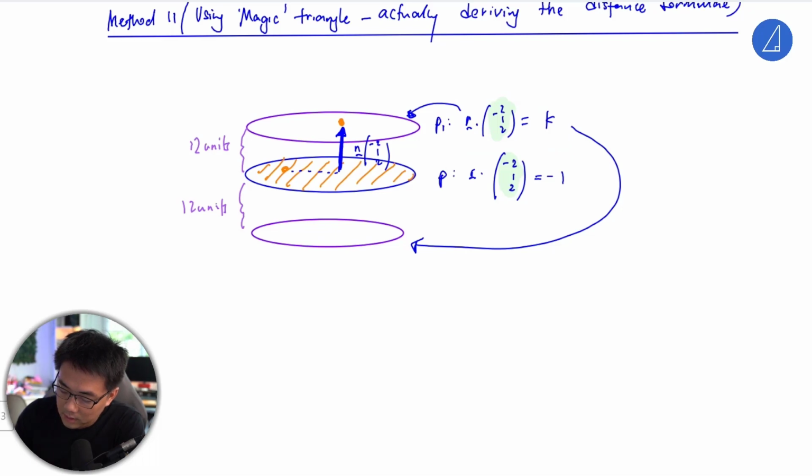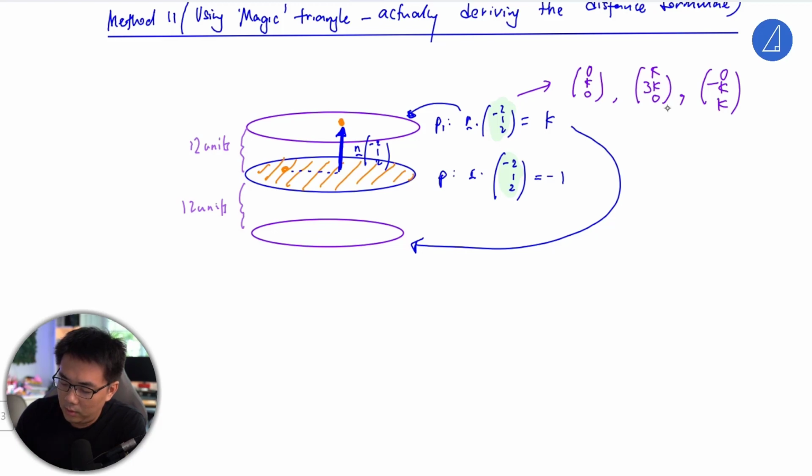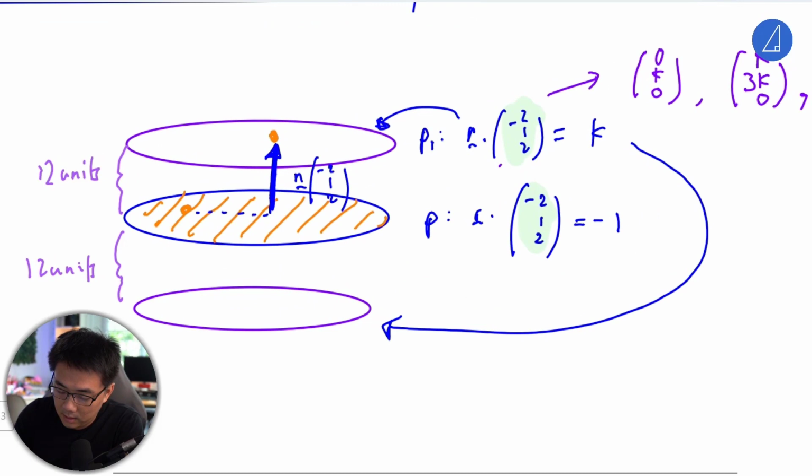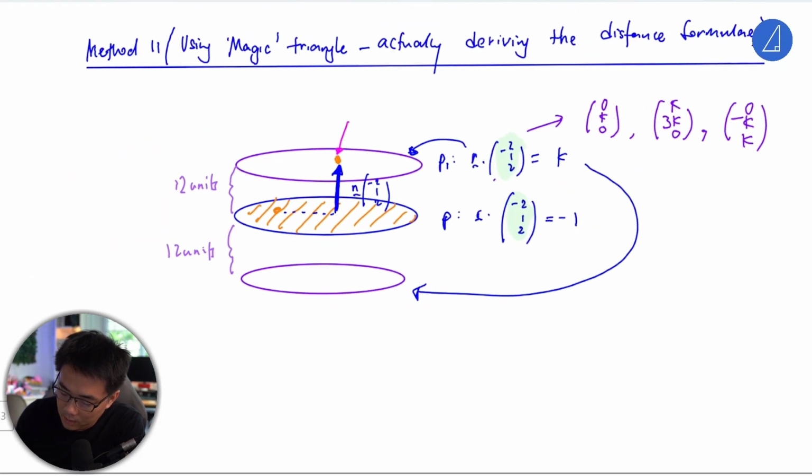You can even use k, 3k, 0. Or you could use 0, minus k, k. When you dot them, you get 2k minus k, any point on the plane. So what I'm going to do is this point here will be 0, k, 0. 0, k, 0 is the easiest.